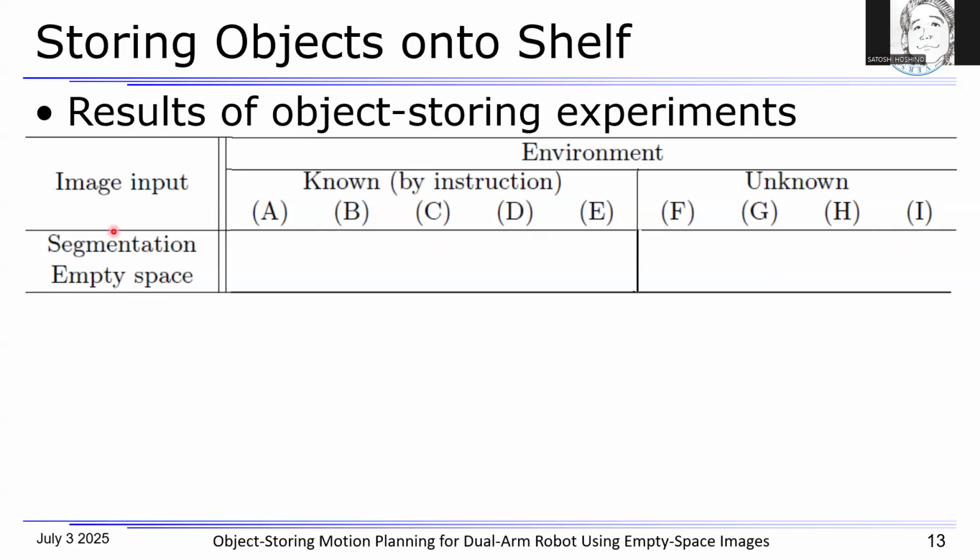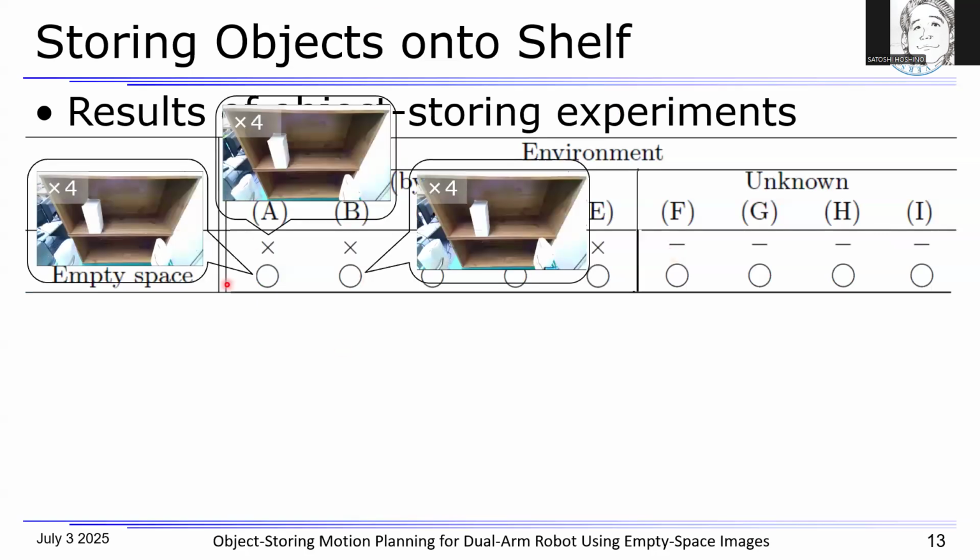So first, with the segmentation image inputs, unfortunately, the robot failed to store the objects in many environments. On the other hand, with the empty space image inputs, the robot succeeded in storing the objects in all the known environments. Moreover, because of the improved generalization capability, it also succeeded in storing objects in these unknown environments.